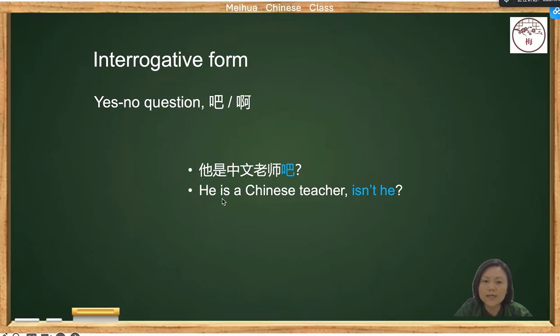So in English, we should first give a declarative sentence, then we give a question to confirm about it, right? He is a Chinese teacher, isn't he? We ask to get a confirmation, right? So in this situation, we use the character 吧.